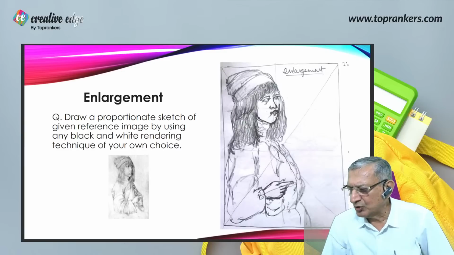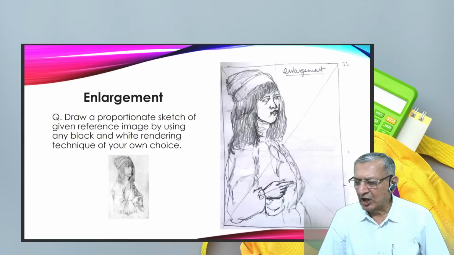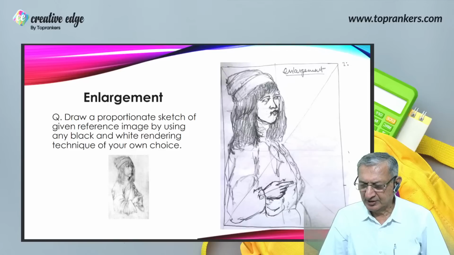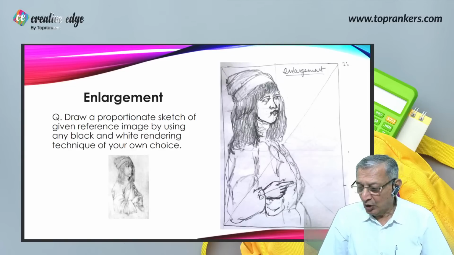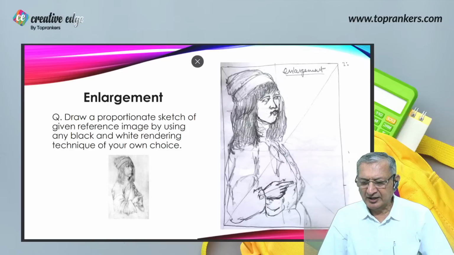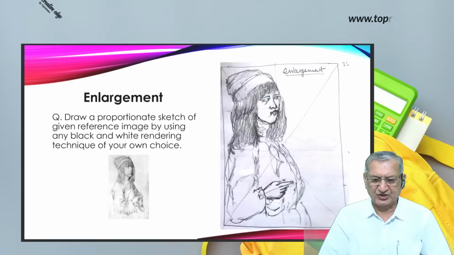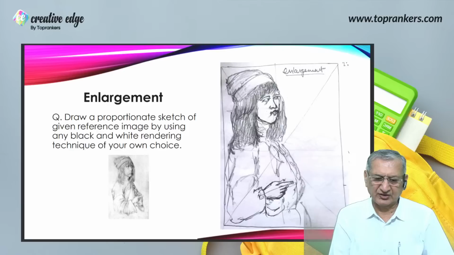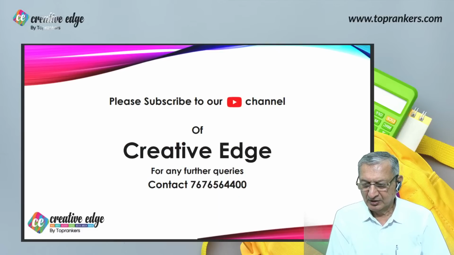So likewise, you can divide the whole scene once you know how big the head is to be in such an enlargement, and find out how to do the enlargement. Also draw a diagonal line, and that will help you put the portrait in the right position. I'm sure with this small description, you get a lot out of it.